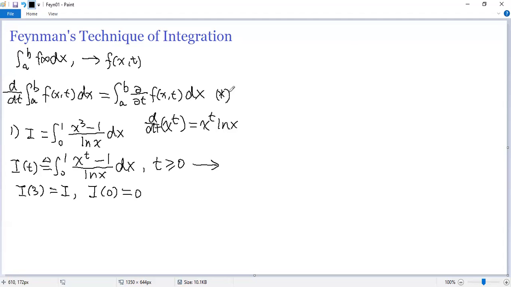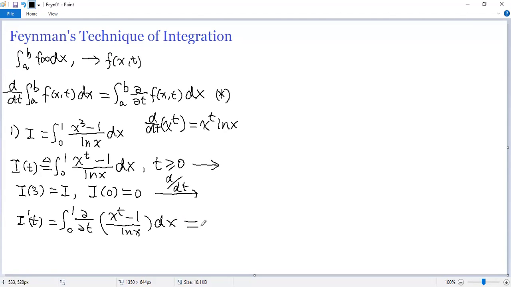Now apply the rule, right? Take derivative with respect to t. The left side is I prime of t. The right side, integral from 0 to 1 partial t of the integrand (x to the power t minus 1) over ln x dx.